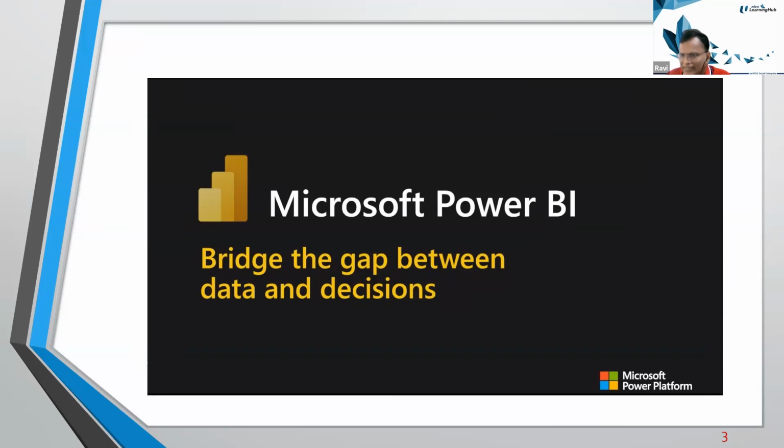Basically, Power BI bridges the gap between data and decision making. For making business decisions, you need to analyze past data and also predict future happenings based on past trends. So this reduces the gap between the data and the decision.